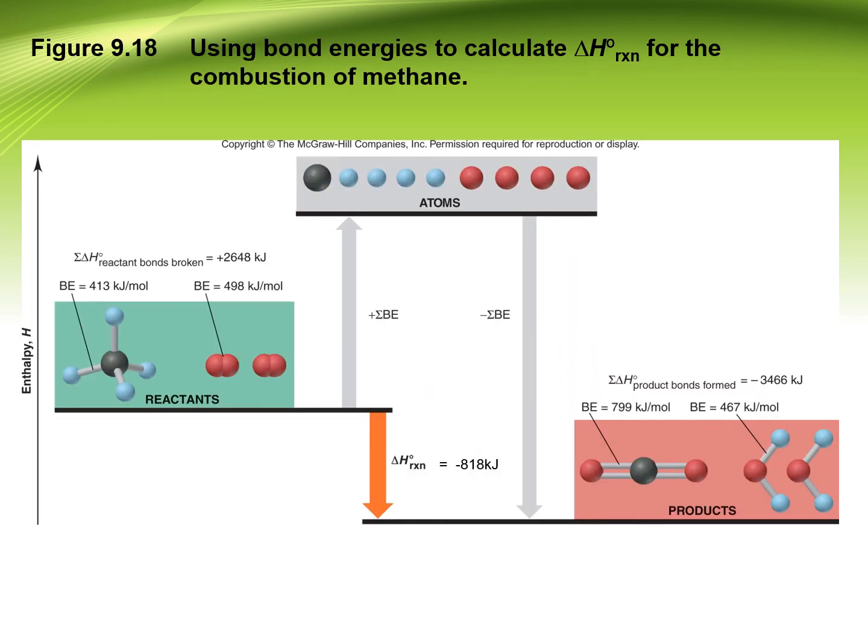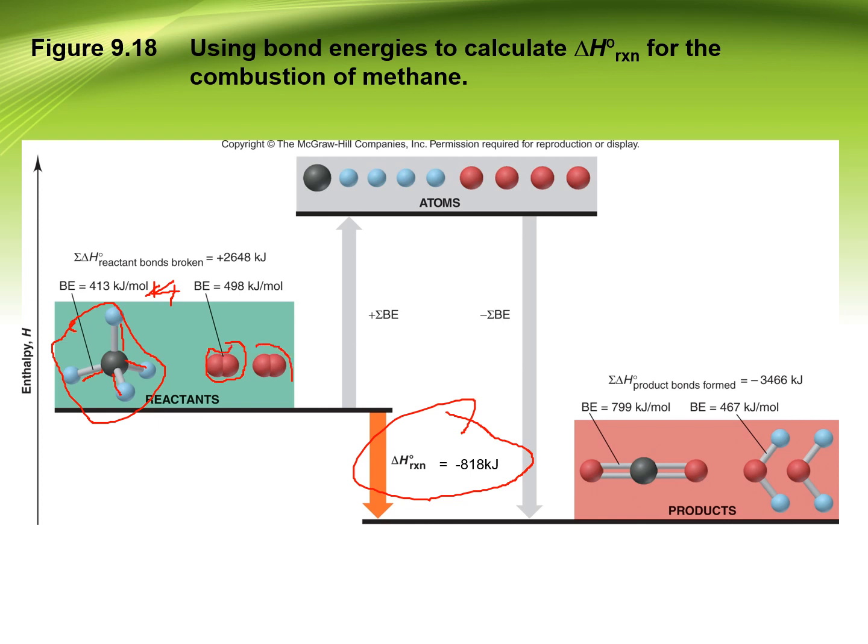You can use bond energy to calculate the enthalpy of reaction for the combustion of methane. First, you must calculate the bond energy for each bond in the reactants. For example, this reactant has four bonds, so 413 must be multiplied by 4, and this reactant has one bond each.